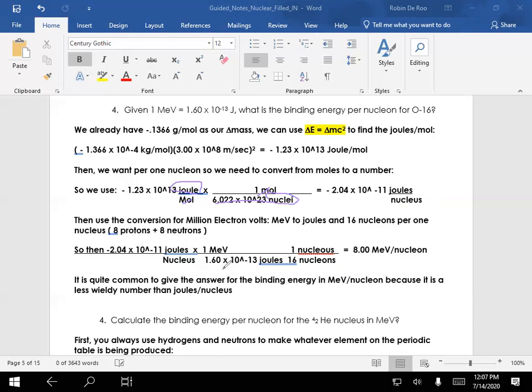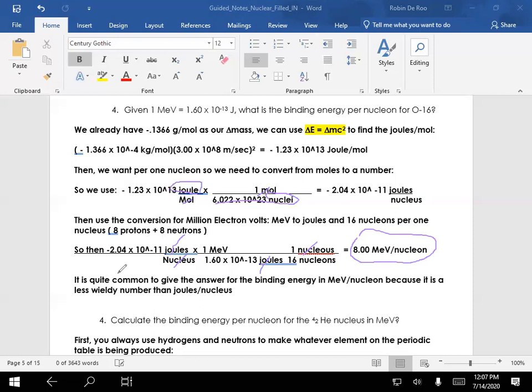And then we're going to convert using our conversion factor for our MeV. So the joules is going to cancel. And then for 1 nucleus, there's 16 nucleons. And that's how we get this answer, 8 MeV per nucleon.